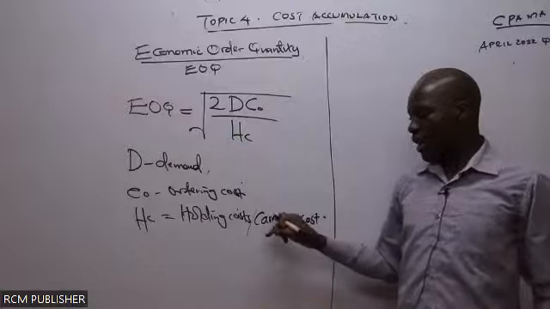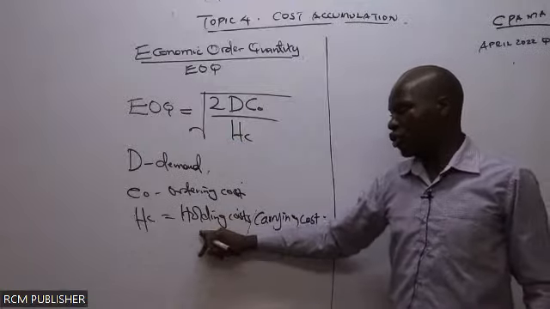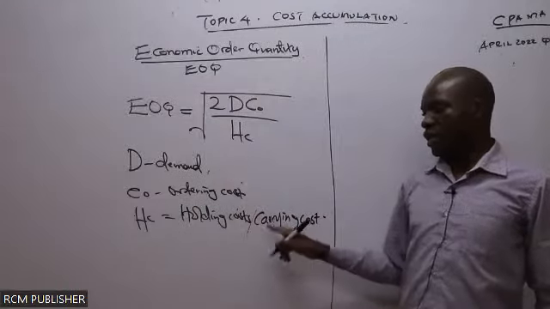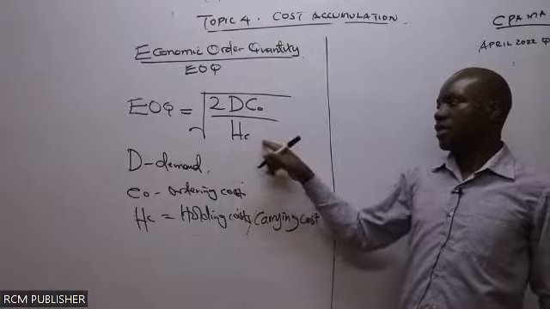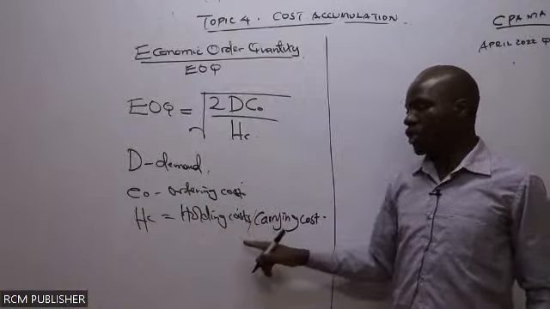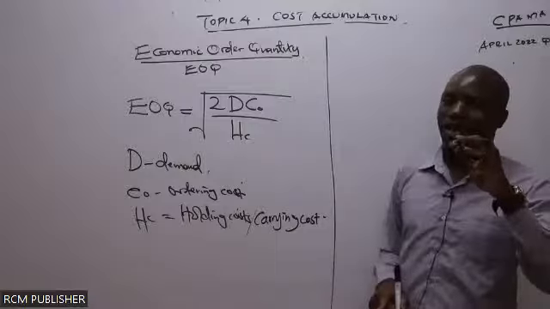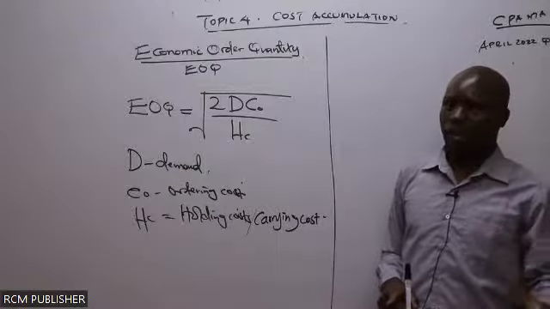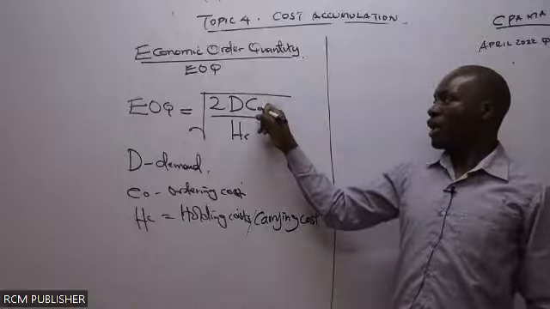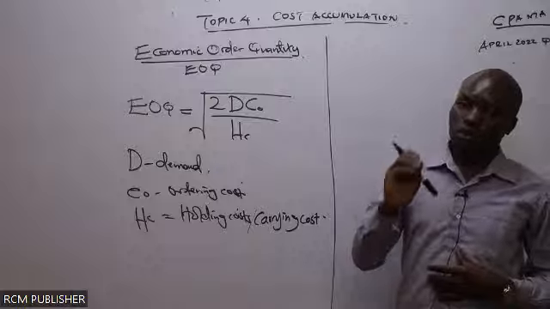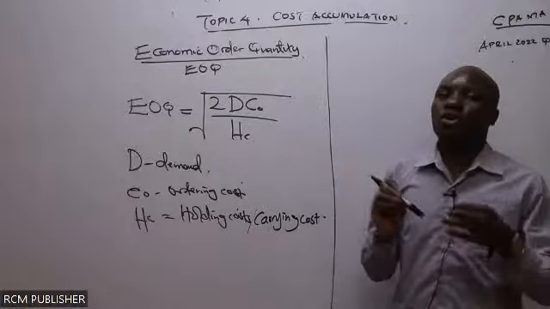So if you find carrying cost, you are referring to holding cost or HC. This carrying cost or holding cost is the amount you're going to incur to have these goods until you sell them to the final user. Ordering cost is the amount you are going to incur to bring the goods from the supplier to your premises.